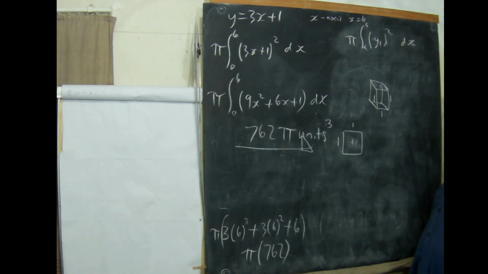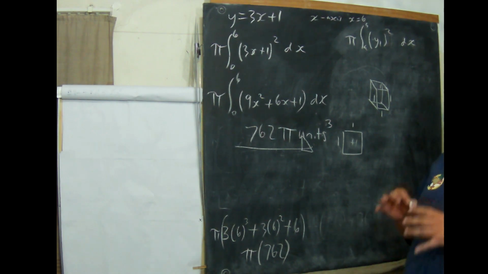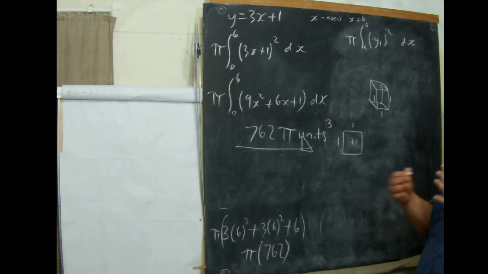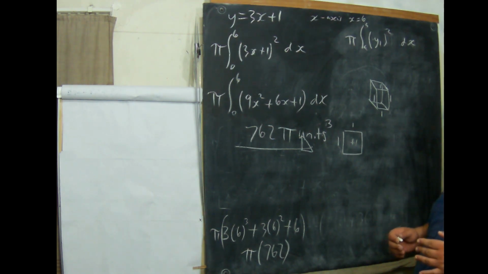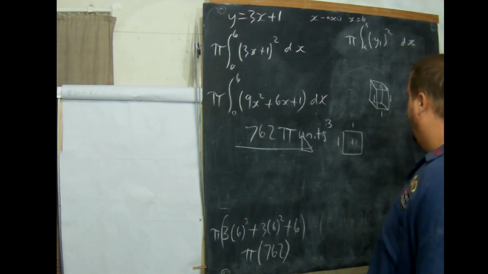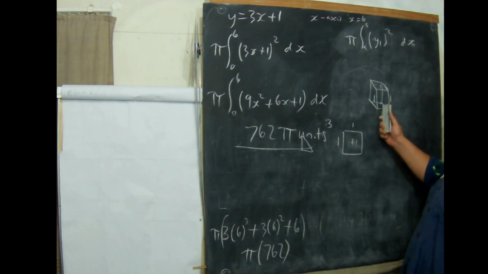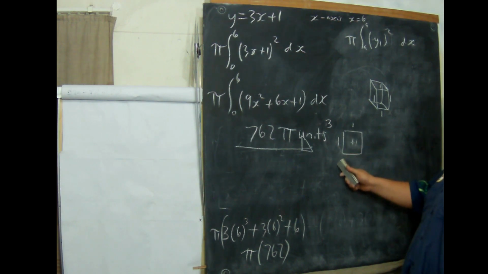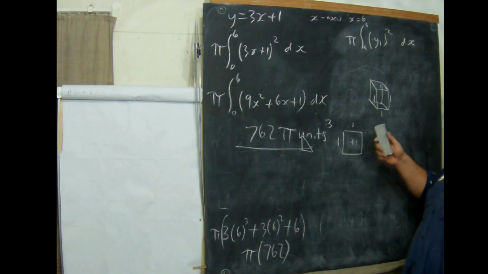That's how volume works. Because with volume, you want to see how much you can put inside it. Area means how much space it covers. So that's why they differ. An area uses 2 units of measure, 2 units of space, whereas volume uses 3 units of space.